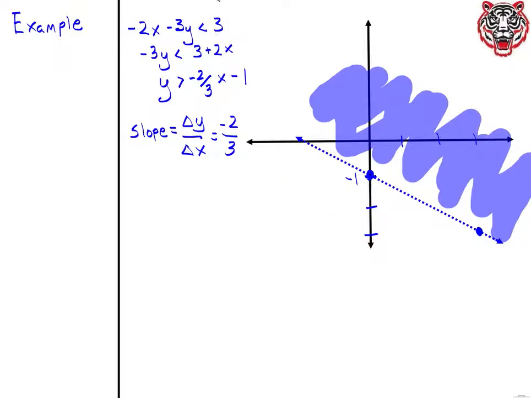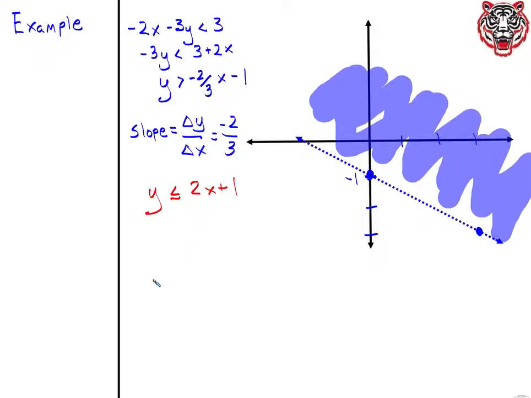So say that was the first equation. Let's go ahead and do a second equation. I'm going to write this equation in red. That way I can color code all of my stuff. Our next equation is going to be, I'll just give us something already in y form. y is less than or equal to 2x plus 1.